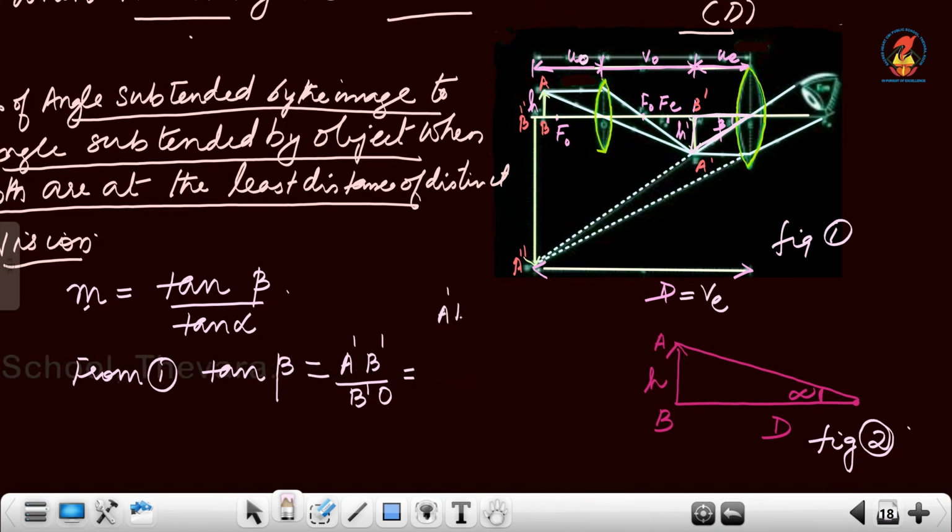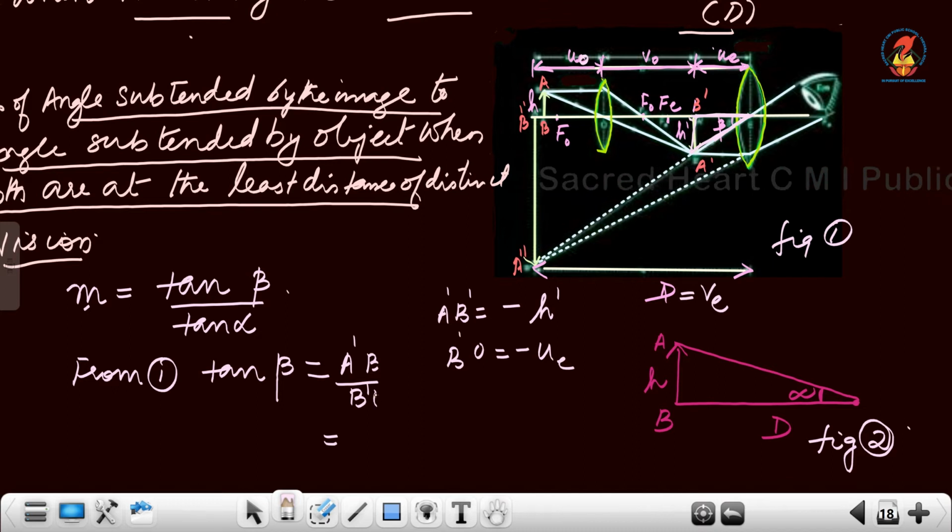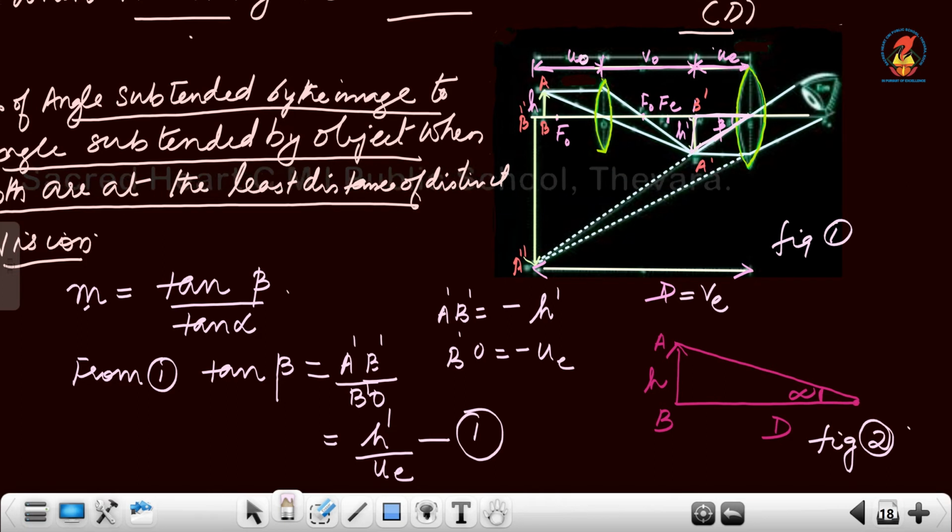So A dash B dash is minus H dash, and B dash O is minus UE. So we get A dash B dash by B dash O is equal to minus H dash by minus UE, that is H dash by UE. Minus and minus get cancelled. This is equation 1.